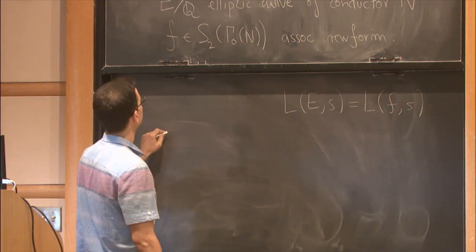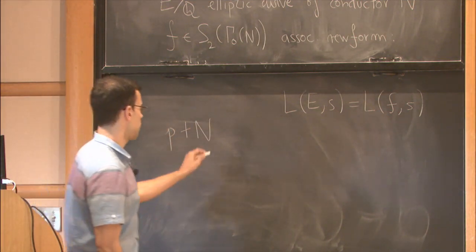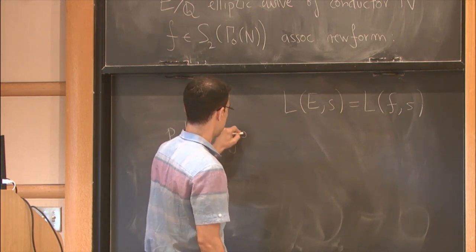And I'm going to take p a prime of good ordinary reduction for E.